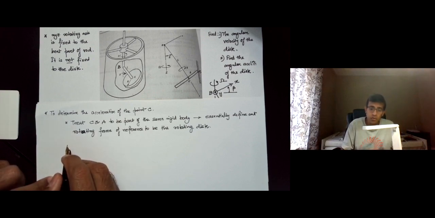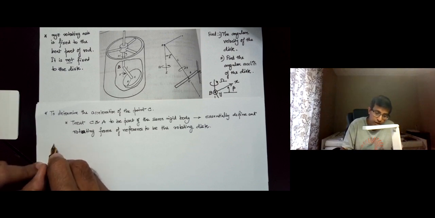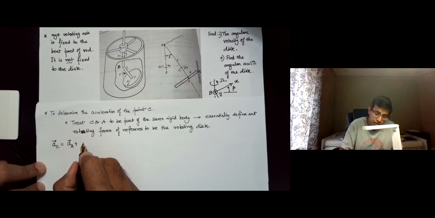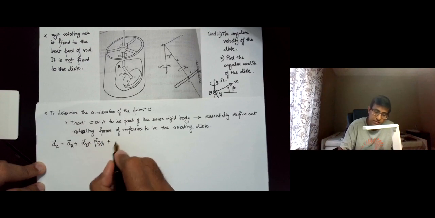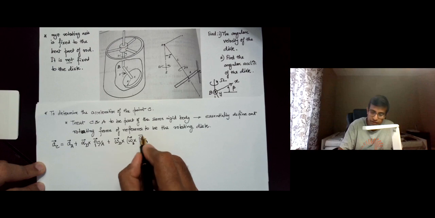Okay, so with this then we have the acceleration of the point C, which is what we are looking for, is equal to the acceleration of point A plus alpha of the disk cross rho c with respect to A plus omega of the disk cross omega d cross rho c with respect to A.